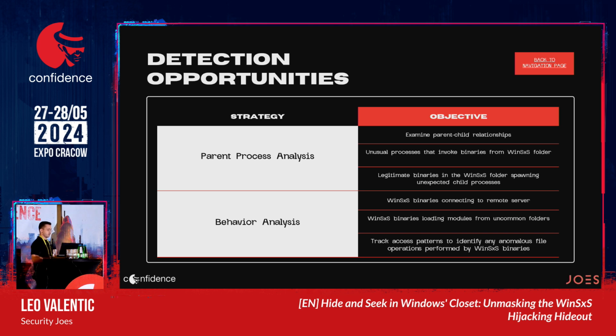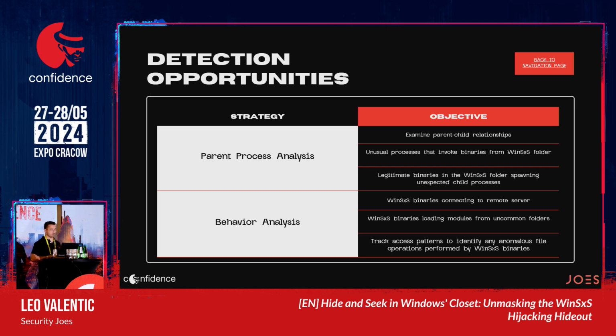So examine parent-child relationships, as seen in Process Explorer. You'll not see much, but don't just give up on the first look, because real APT groups are trying to be as stealthy as possible, and if you just scratch the surface, you are not going to find many details there.